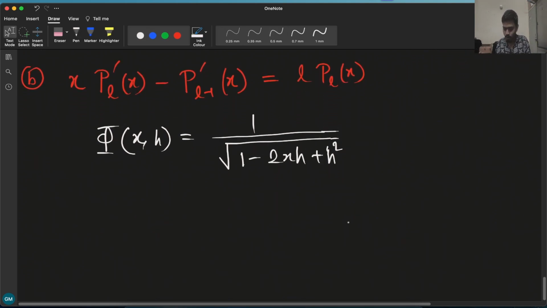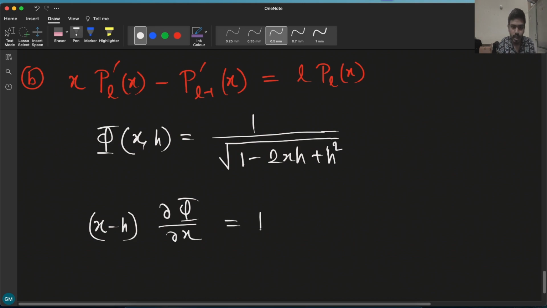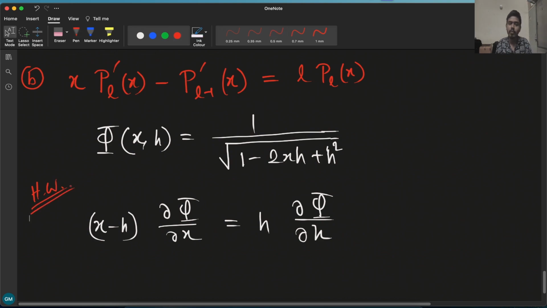And now I will give you a homework: considering phi as this, prove that (x minus h) del phi del x equals h times del phi del h. You just need to do the partial derivatives and show that the left hand side and right hand side are equal. Homework, prove it or show it.